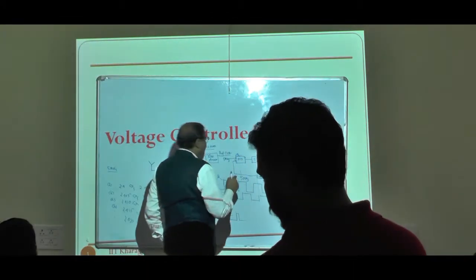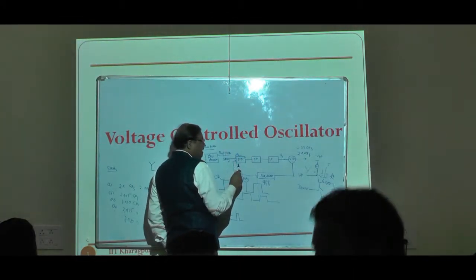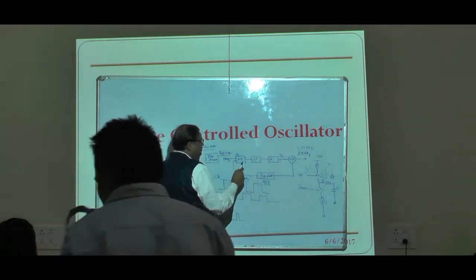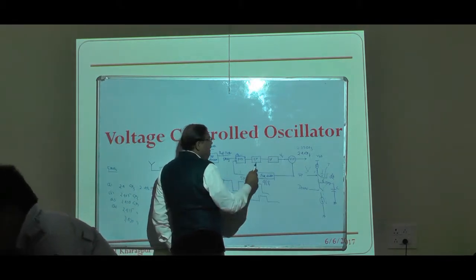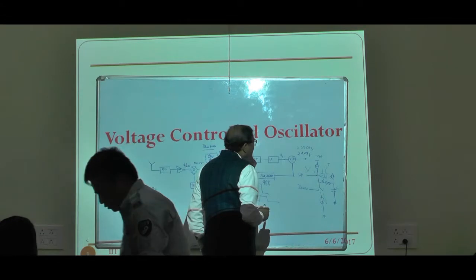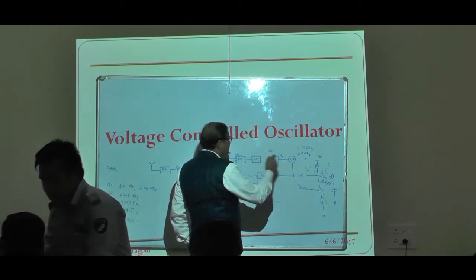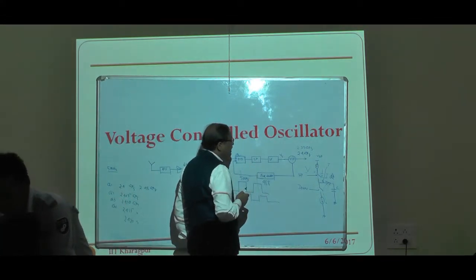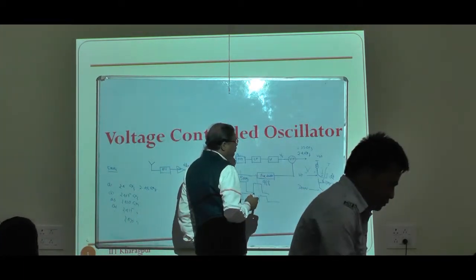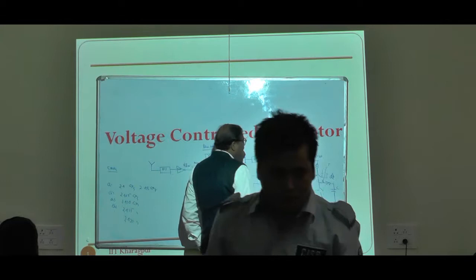So how a phase difference is converted to a current pulse whose duration is depending upon the pulse width is finally fed to a loop filter. A filter is essential for the stability of this loop as well as for reducing the ripples of the control voltage. It is going to the VCO.